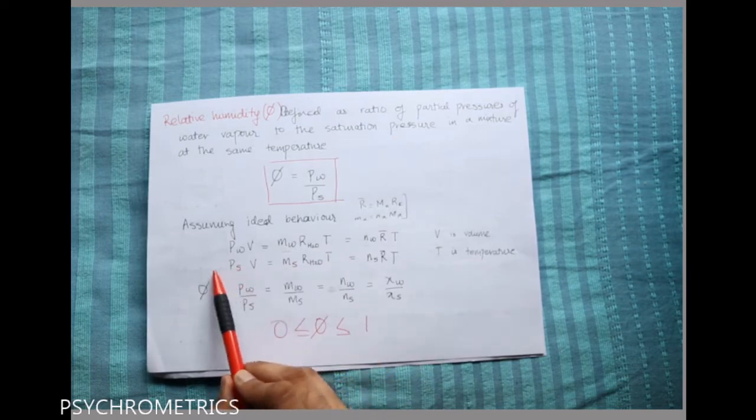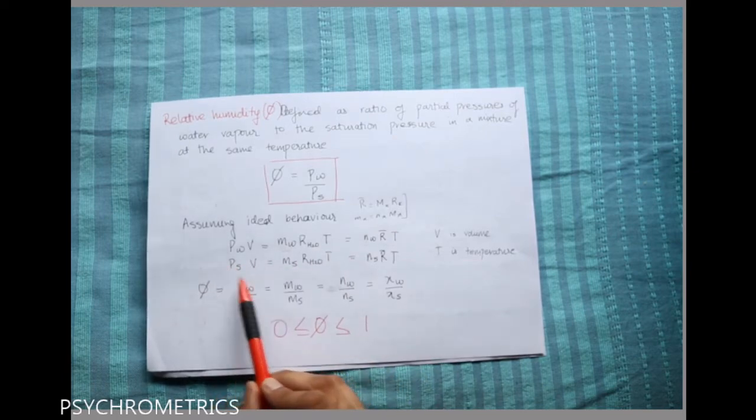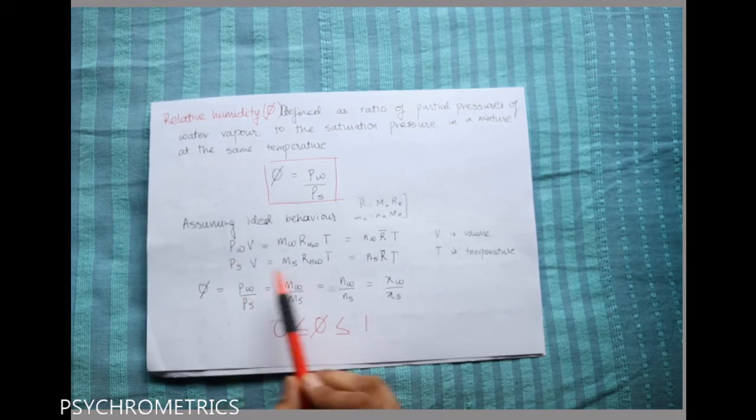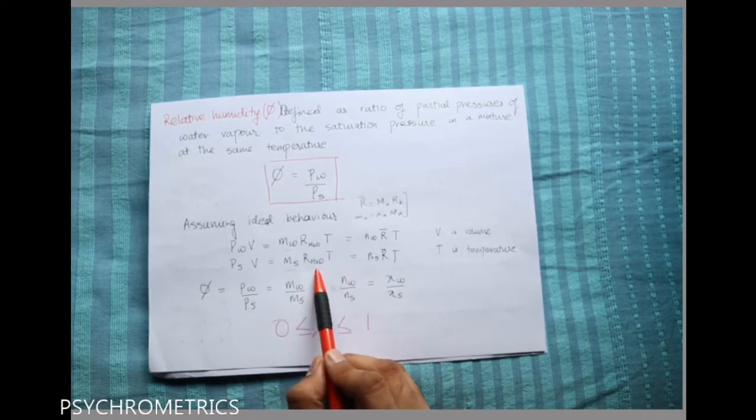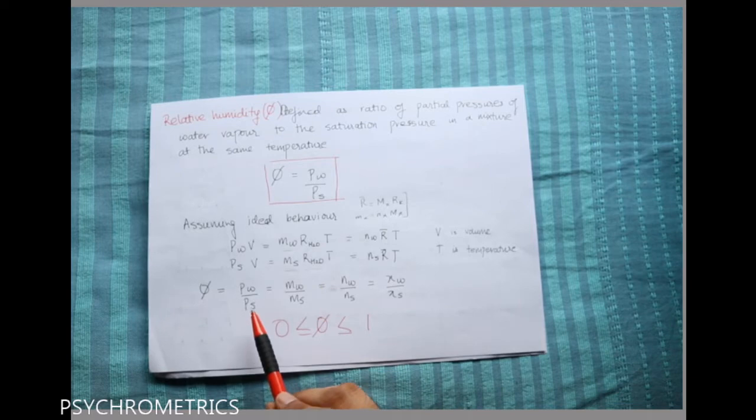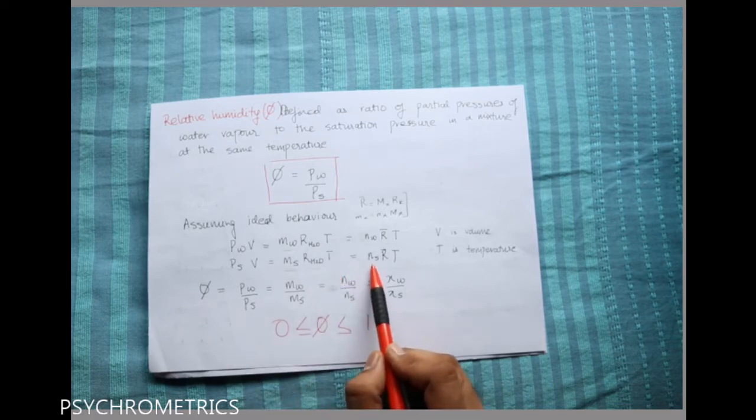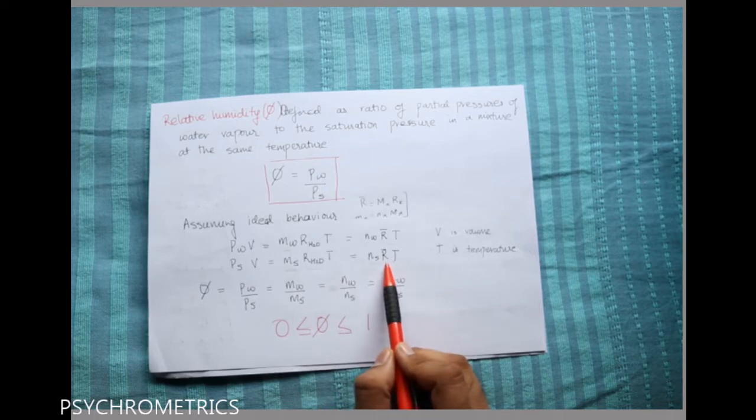Again, we do the same for the saturated condition, where the saturation pressure times volume is equal to the mass of water vapor at saturated condition times the gas constant of water vapor times temperature, which is equal to the number of moles of water at saturated condition times the universal gas constant times temperature.